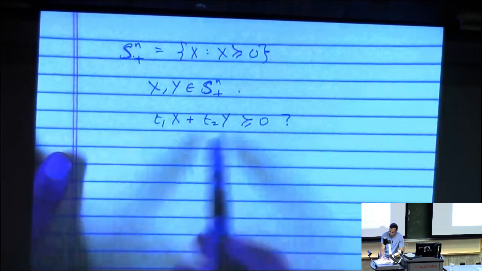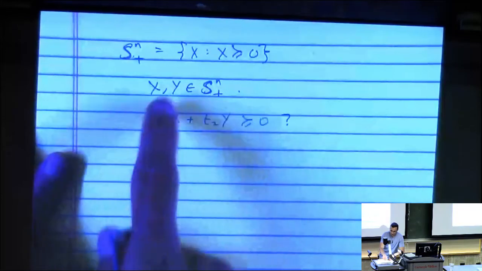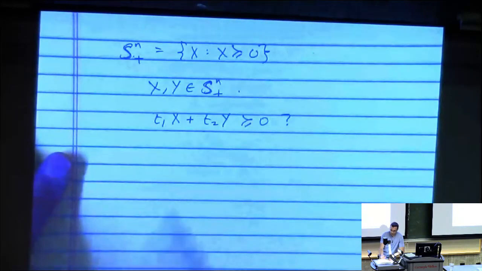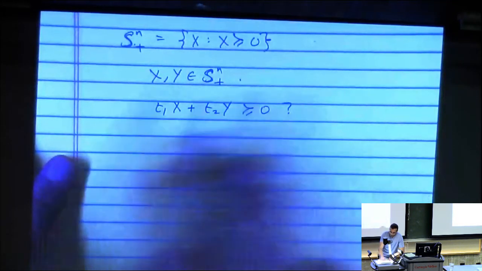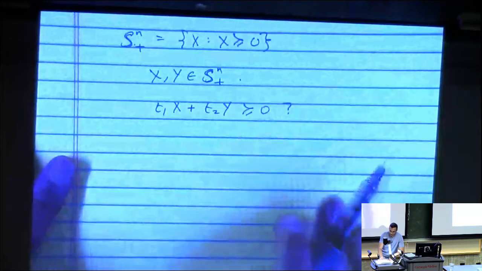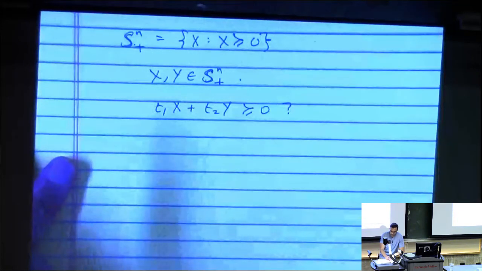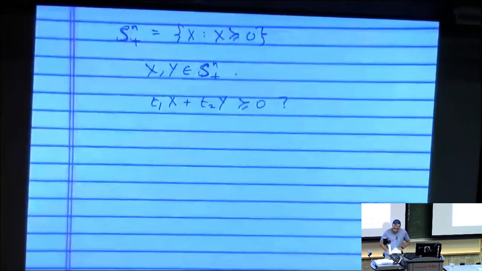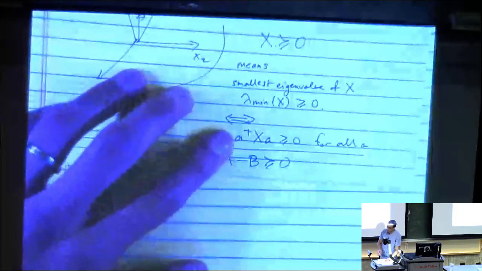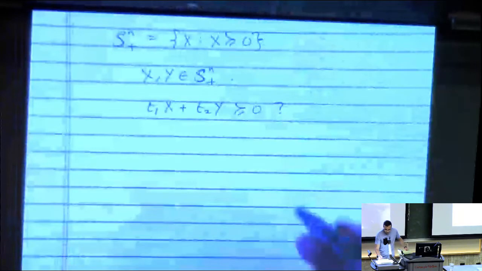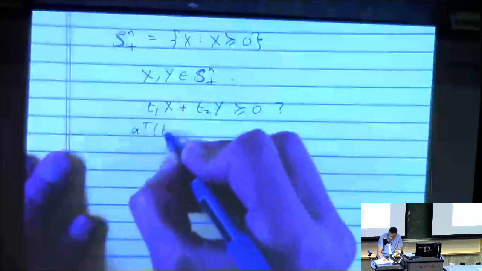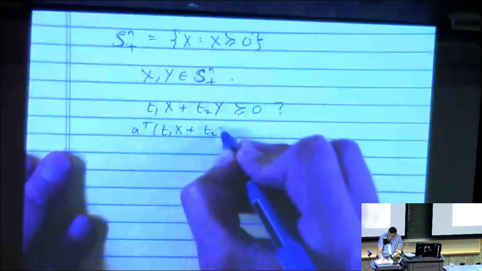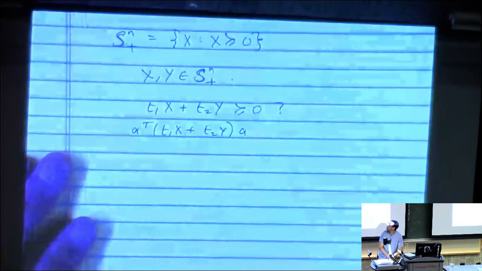I mean, this matrix is clearly symmetric. If these were symmetric to begin with, this is definitely going to be symmetric. So that part does not need to be checked. So how do I check this? Well, the easiest way is actually not to think about the smallest eigenvalue. It's just to look at the second equivalent definition of positive semi-definiteness, which is this one. So I'll just take any A, and I'll take A transpose t1x plus t2y times A. Right?